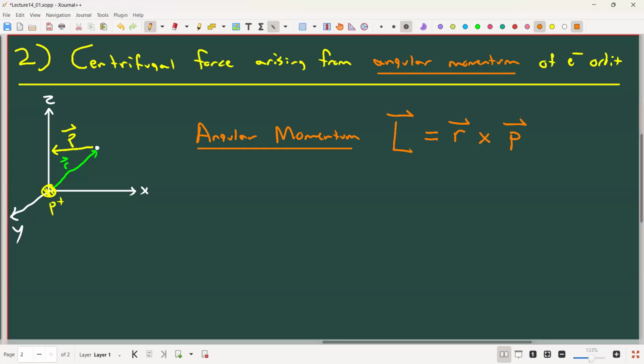So we have an electron that's like this, and it's moving in this direction linearly. We use the right hand rule, and the angular momentum is pointing out of the board. So we have an angular momentum vector that's perpendicular to r and p, sticking out of the board.